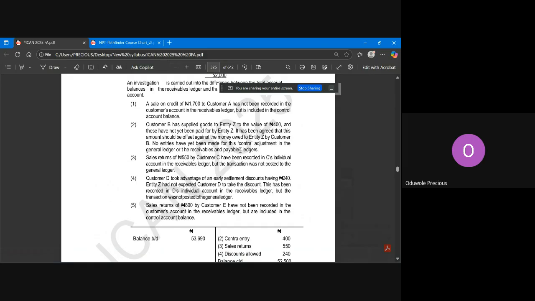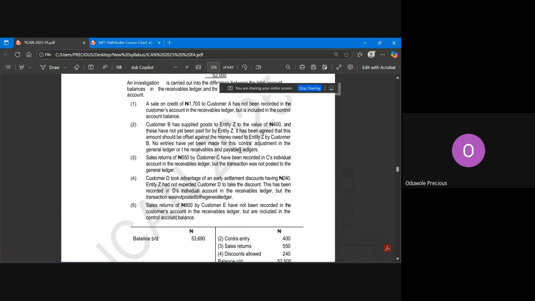It means we bought something from customer B for 400 naira and we have not paid customer B. Now customer B also owes us, just like we owe customer B. And I say, okay, since we both owe each other, let us do contra. I already explained the concept of contra, or set off, for you. So let us just set it off against each other.